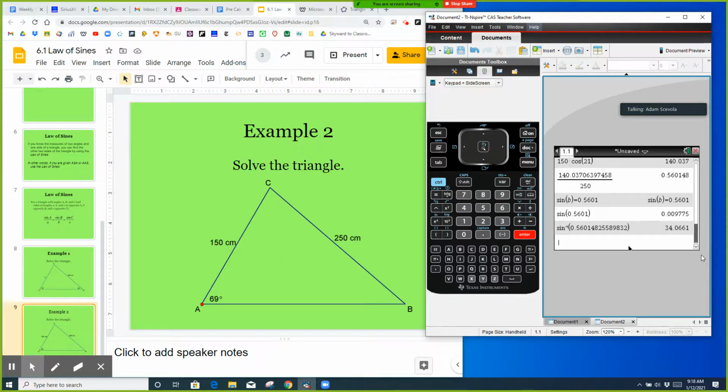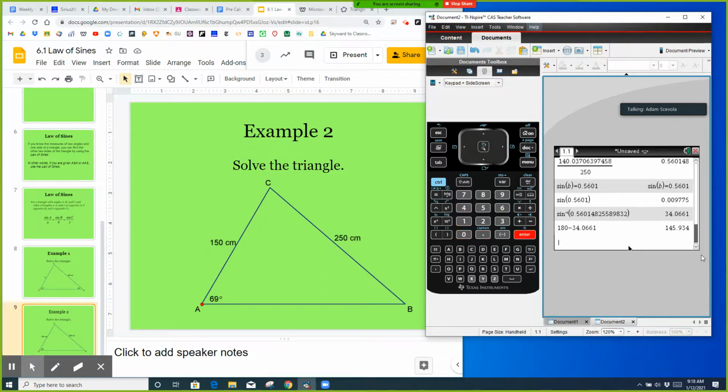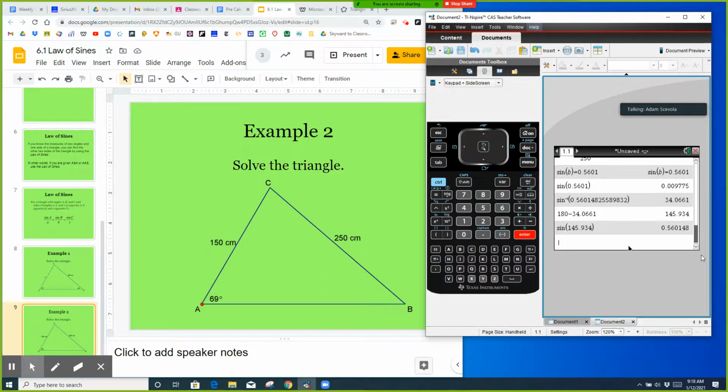Now, we know that there's also an angle in quadrant 2 that would satisfy this equation. So if I did 180 minus 34 degrees, we would get 145.934. So the sine of 145.934 also works here.